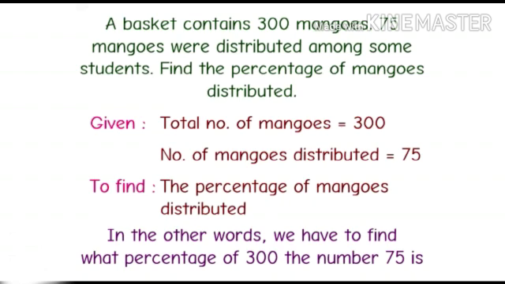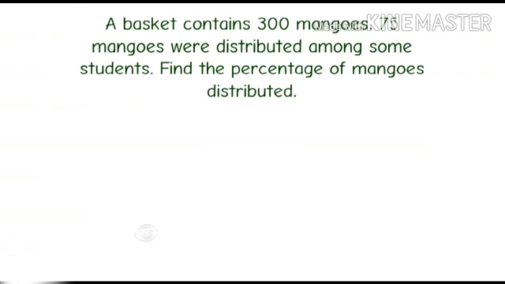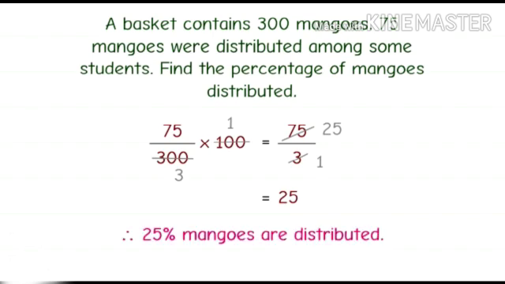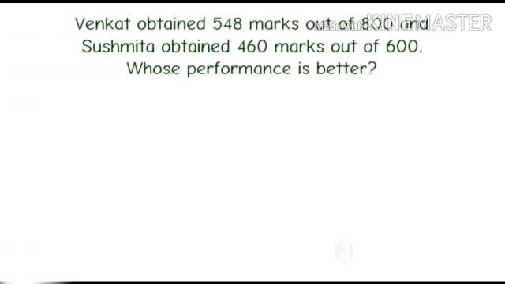In other words, we have to find what percentage of 300 the number 75 is. Therefore, 75 upon 300 into 100, 100 in 100 one time, in 300 three times is equal to 75 by 3. 3 in 75 25 times gets cancelled. Therefore, 25% mangoes are distributed.